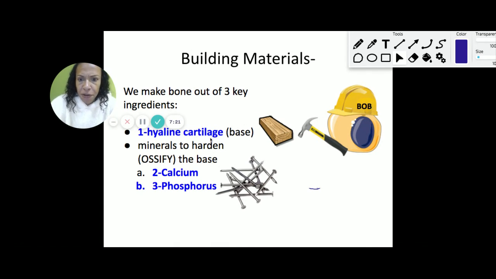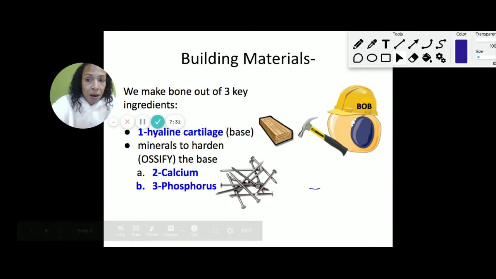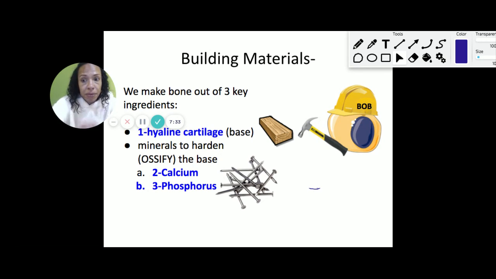So again, if we're starting from scratch, like building a skeleton for a fetus, we're going to start with hyaline cartilage, add the two minerals. If, however, we're talking about a bone that's already present, it's already built, and I don't need to add extra space, I'm probably just going to be depositing more calcium and phosphorus as opposed to having to add cartilage and then calcium and then phosphorus. Likewise, as a preview, if you had a break in the bone, you've separated the bone and now we have empty space, just like we did when we were building a fetal skeleton.